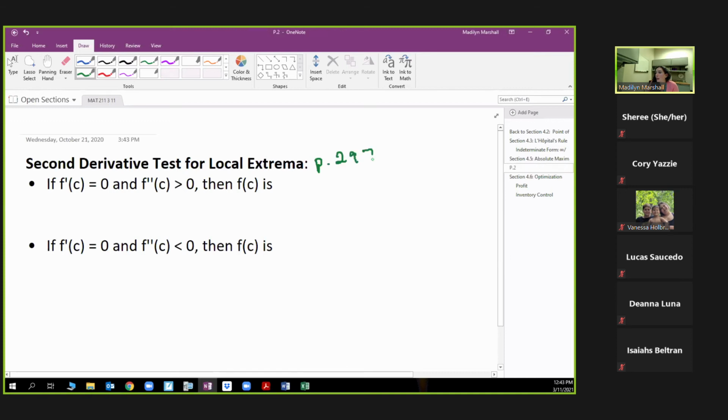This is actually optional in this class because we know how to find local extrema. We have ways to do that, but this is another streamlined way to find them. In section 4.6, we will be finding maximums and minimums, and this is an alternate way to do that.